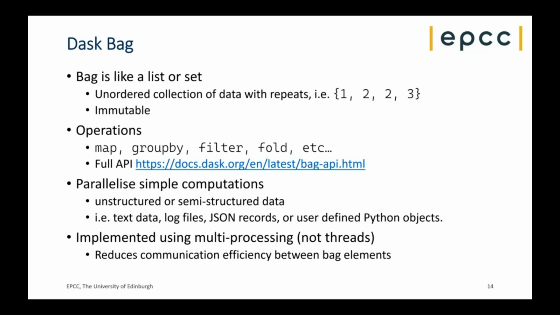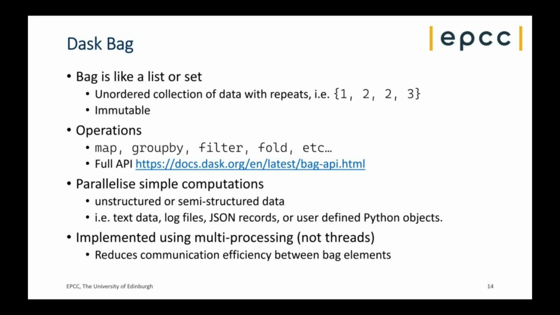A bag, on the other hand, is designed to interface into standard Python code, so standard Python lists and sets and sequences. And so if it wants to do any parallelization there, it can't use threads, because if it did, it would be stuck with this global interpreter lock and it wouldn't get any parallelization there. So what the Dask implementation of bag actually does is use processes, that multiprocessing that we saw before, to do the parallelization.